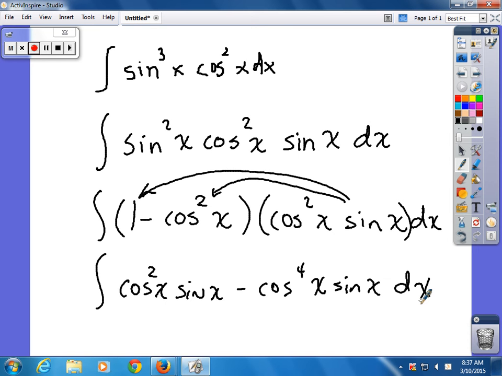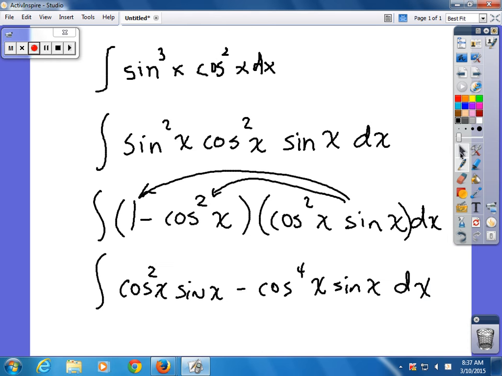Now, if u is equal to the cosine, du is equal to the what? Negative sign? We don't have a negative sign, so that means you've got to what? Put a negative out front. So don't forget to do that. So break it up.